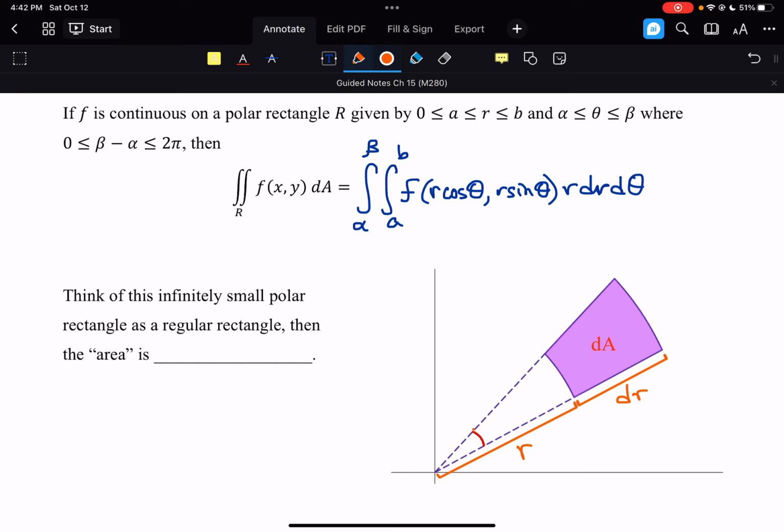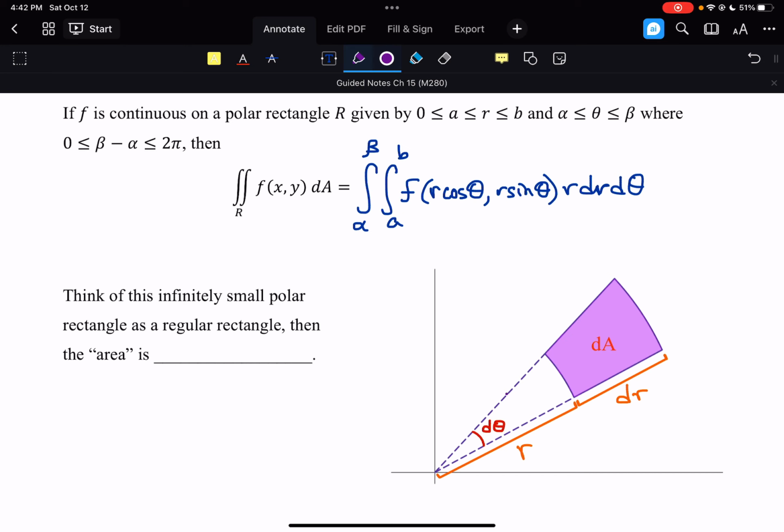Inside here, this little angle is going to be d theta. That's the change in angle from the lower end of the region to the upper end of the region. So that means this side length would be d theta, but d theta is just the change in the angle, right?